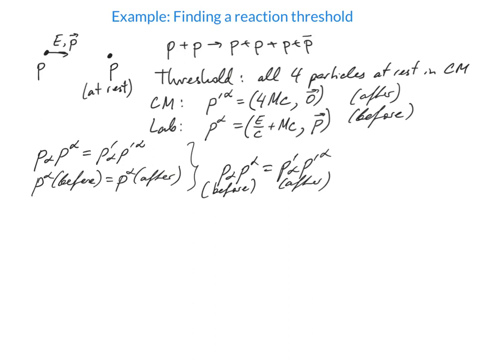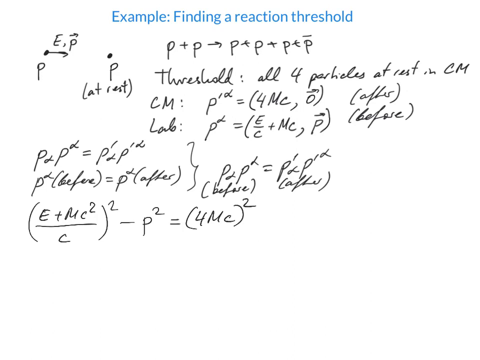So now all I need to do is write the squares of these 2 momenta and equate them to each other. So the left-hand side, before the collision in the lab frame, I can write E plus mc squared over c, squared, minus p squared. And then the right-hand side is just 4mc squared.